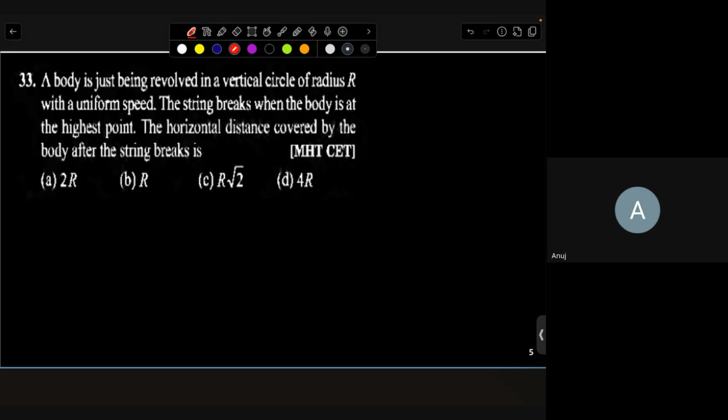How can we proceed with this question? Basically, at the top point you have to assume that some velocity v is there. Then, with that velocity, you have to use the projectile. So is the answer A? Yes, the answer is A.